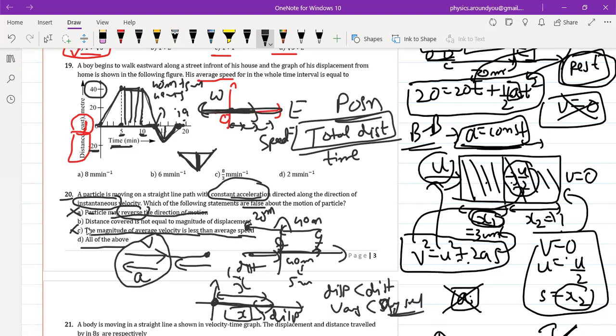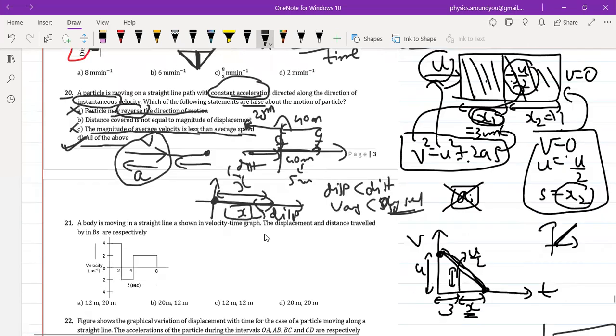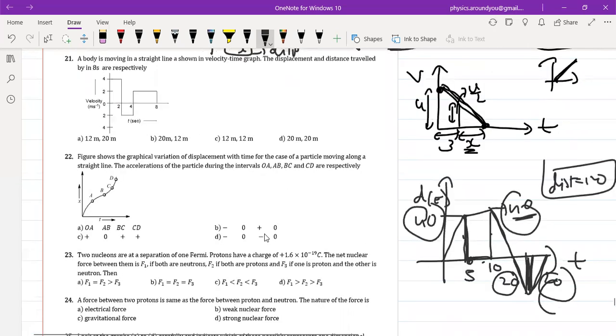So if two statements are false, I won't look at even B. I can say definitely D is the right answer because all the statements are false, right? So not a JEE, not a CET question again, a JEE plus level. A 21st question we shall go. In the 21st, what is a displacement and what is a distance traveled in a VT graph?